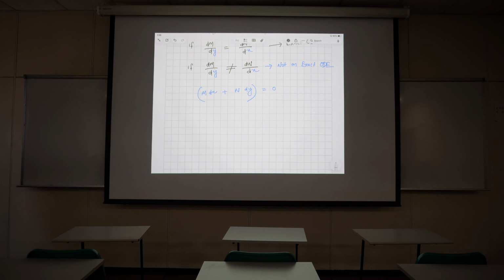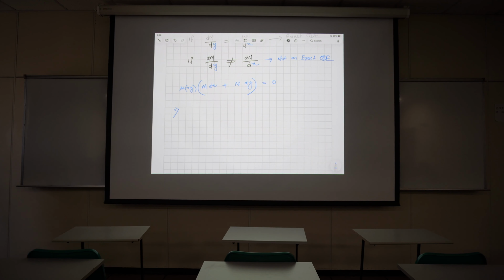Let's say that function is mu. When we multiply, this becomes mu(x,y) M(x,y) dx plus mu(x,y) N(x,y) dy is equal to 0.